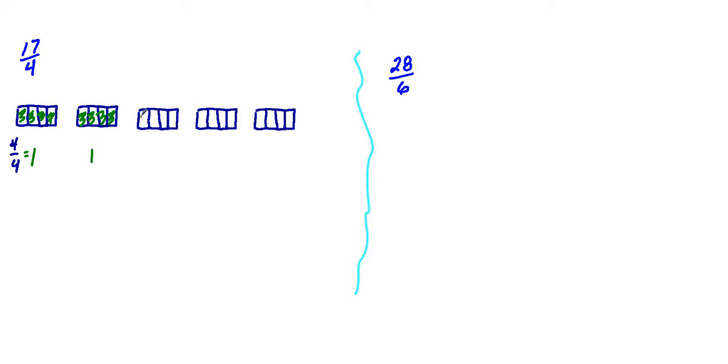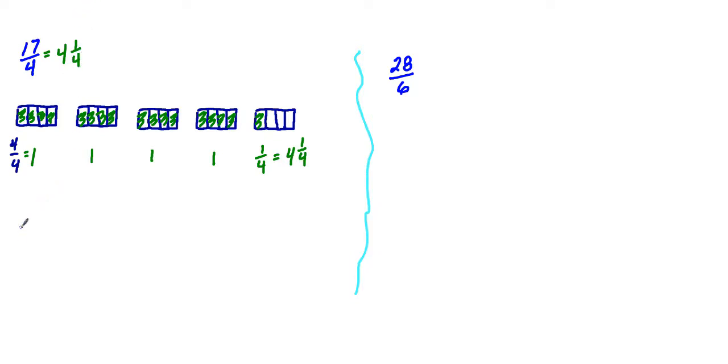There's another whole. 9, 10, 11, 12. There's another whole. 13, 14, 15, 16. There's another whole. And 1 out of 4. So I have 1, 2, 3, 4, and 1/4. So it looks like 17/4 is 4 and 1/4.